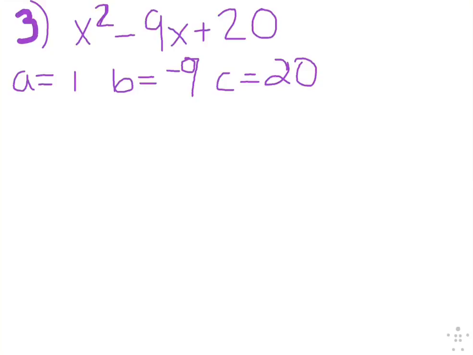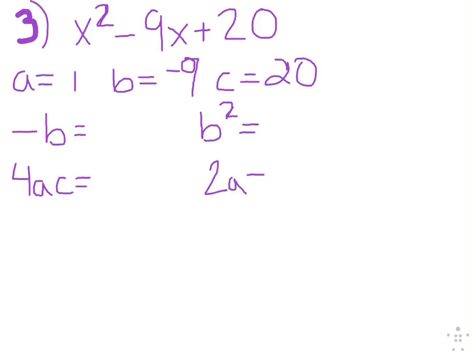The next step was to find negative B, B squared, 4AC, and 2A. So negative B, what that means is that you're going to do the opposite.